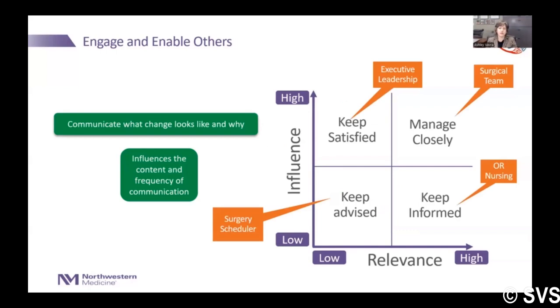So we had a lot of frequent in-person meetings to review both the care pathway and to solicit feedback about how things were going once implementation was underway, versus our surgery scheduler, who was impacted by a very small portion of the changes that we proposed and really didn't need to be included on lots of very detailed communication. So electronic communication and then just a few check-ins to make sure things were going smoothly were sufficient for that individual.